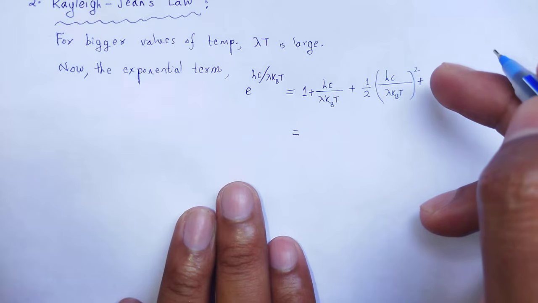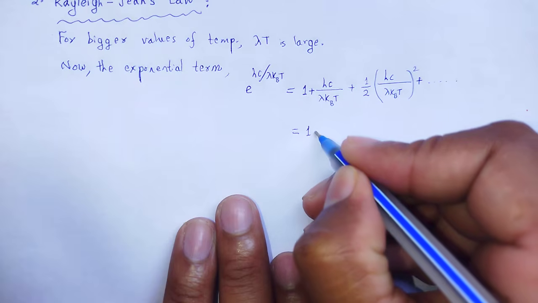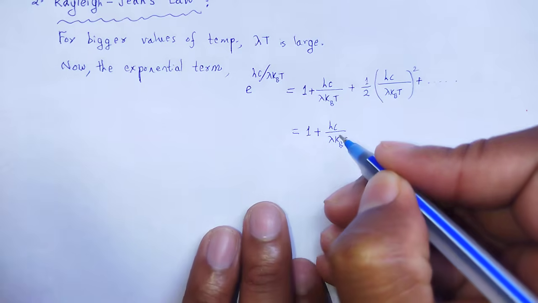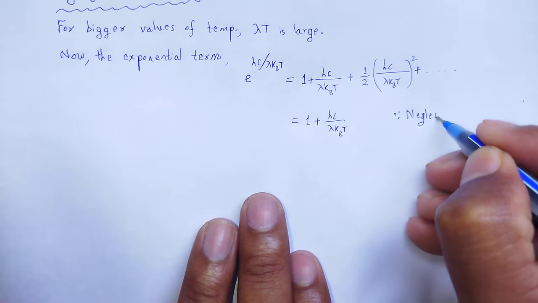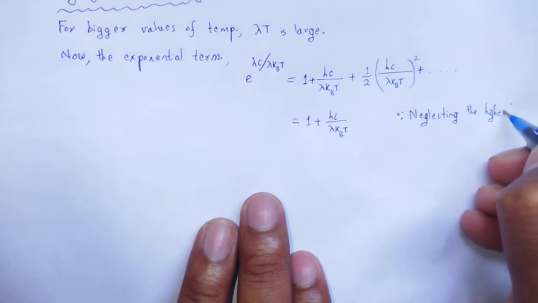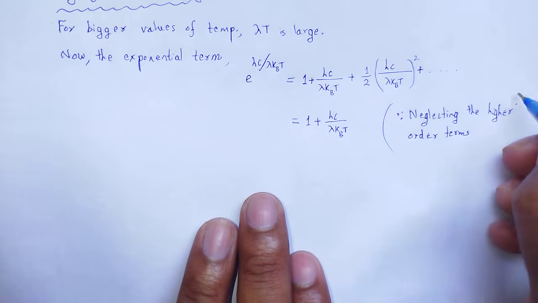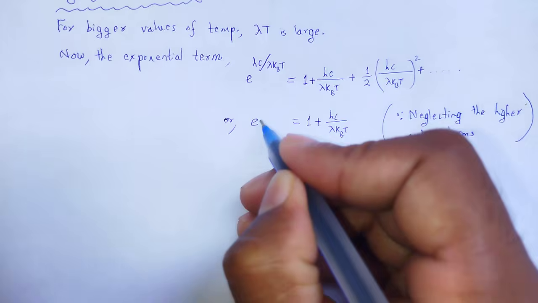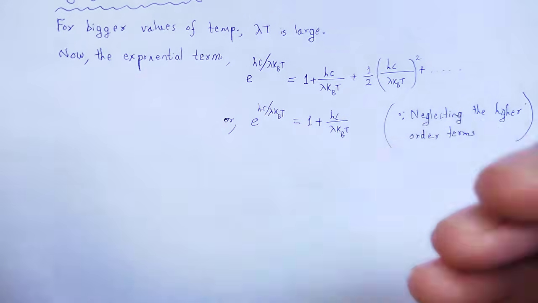Higher order terms are neglected. Only 1 plus h c divided by lambda kBT exists, neglecting the higher order terms. That is e to the power h c divided by lambda kBT.